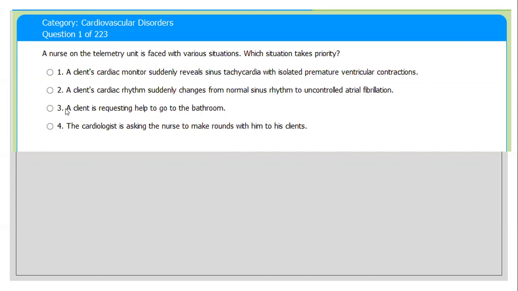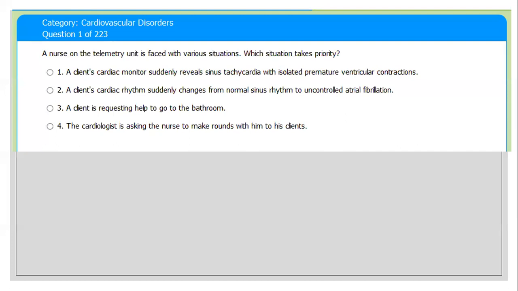So number three is not important. Number four, the cardiologist asking the nurse to make rounds. If you are 5 minutes late, the cardiologist will wait and nobody will die. So three and four have no value. Now let's talk about number one and two.